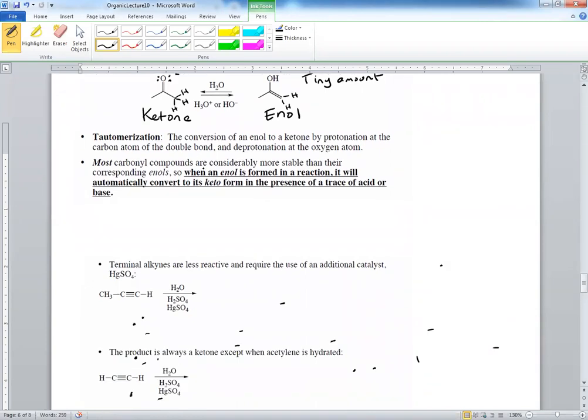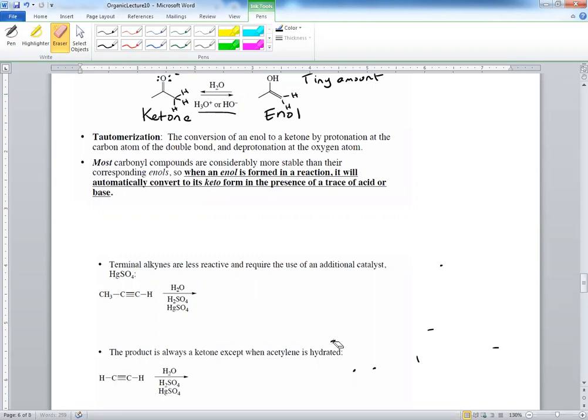Most carbonyl compounds are considerably more stable than their enols. When an enol is formed in the reaction, it will automatically convert to its keto form in the presence of a trace acid or base, like as you see here. So, should I draw the ketone and the enol as a product?